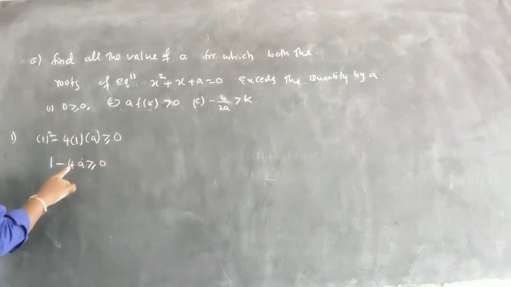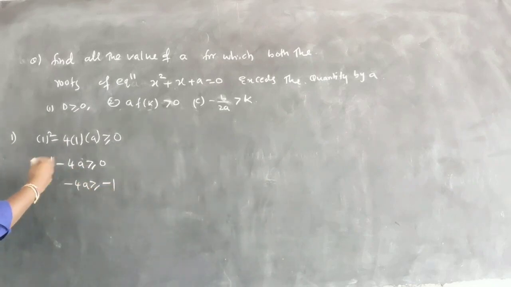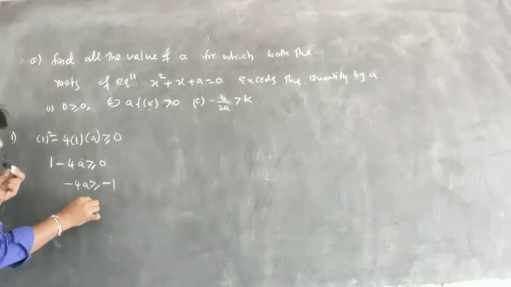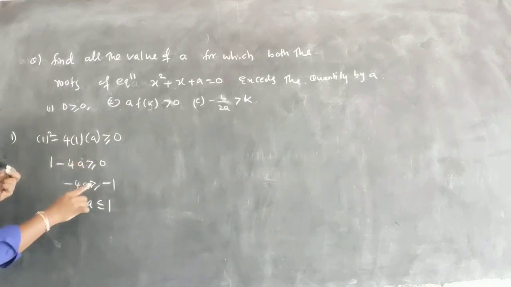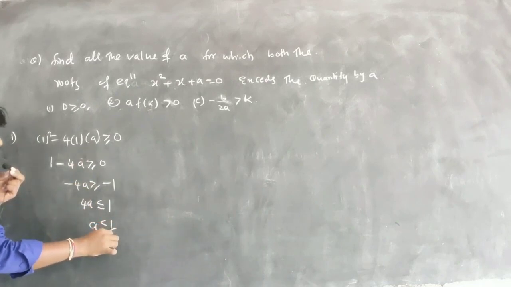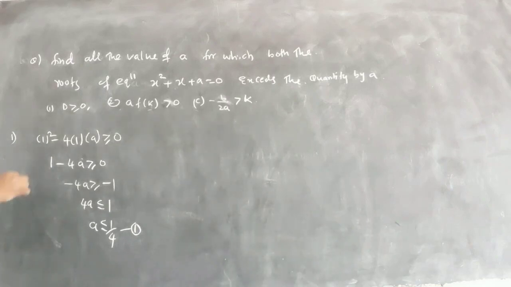It means this 1 goes to that side. So I get minus 4a greater than or equal to minus 1. If I multiply with a negative number, I am going to get 4a less than or equal to 1. The inequality will change. So a will be less than or equal to 1 by 4. This is case number 1 that I am getting from the first point.